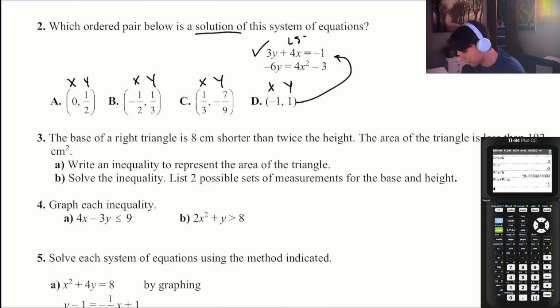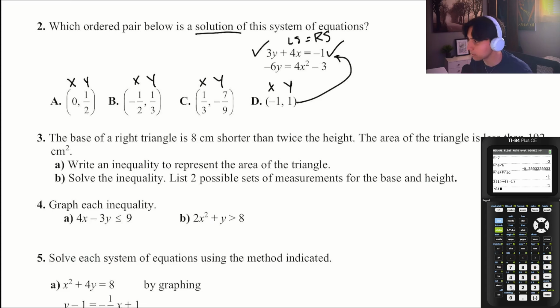So the way I like to do this is we're just going to plug in (1, -1). So y is equal to 1 plus 4 times negative 1. And that gives us that left side equals right side for D on our first equation. So that's good. Now we have to check our second one. Our left side is going to be negative 6 times y.